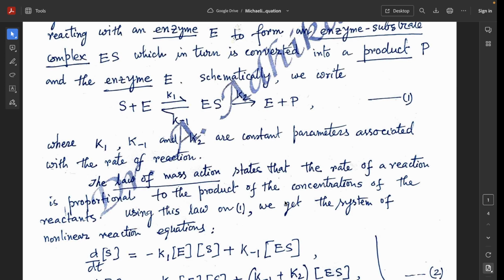Using this law, we get a system of nonlinear reaction equations. d/dt of concentration S, where the brackets around S mean the concentration of S, the rate of change of concentration S, equals minus K1 concentration of E into concentration of S plus K suffix minus 1 concentration of complex ES.